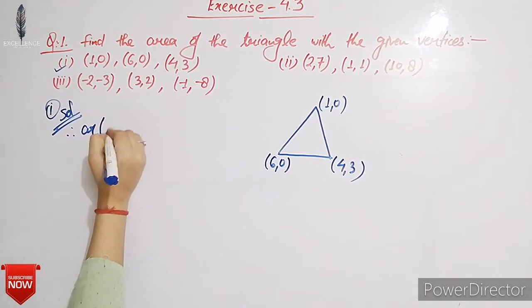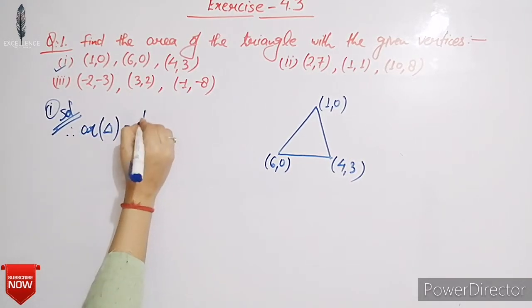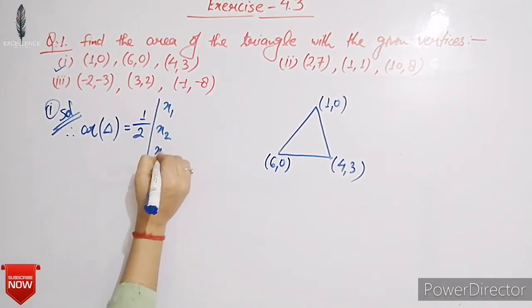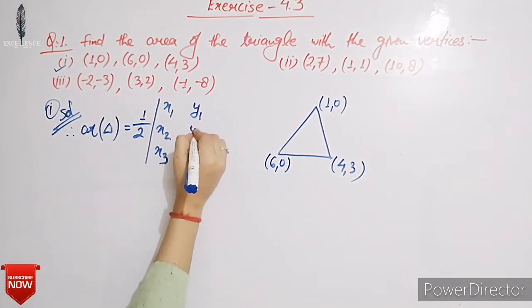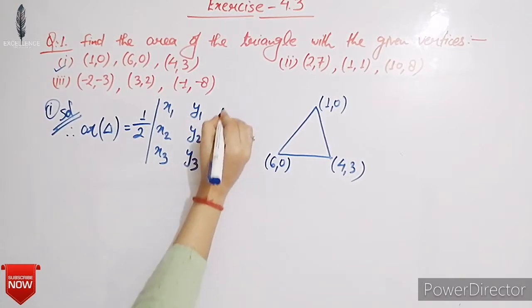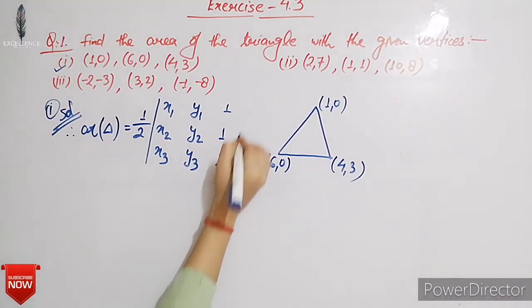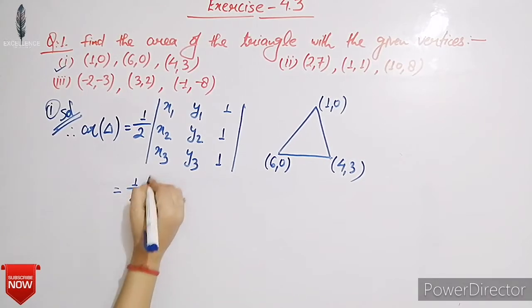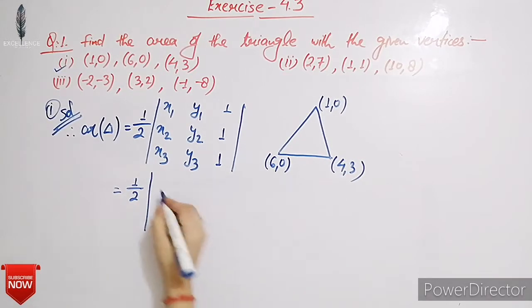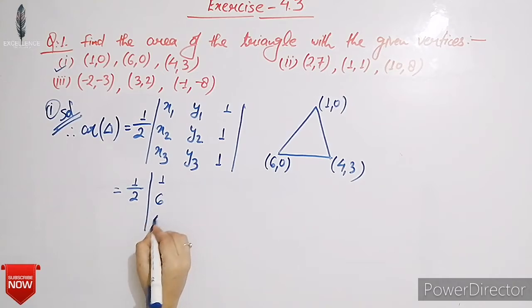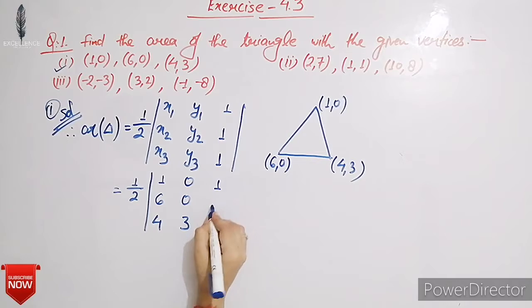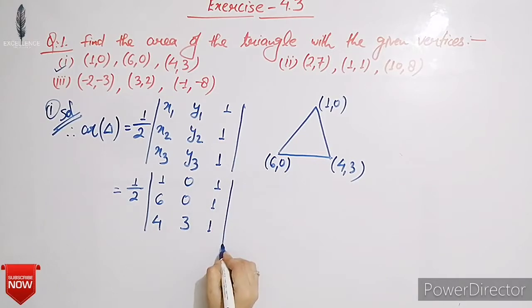We know that area of the triangle is equals to 1 upon 2 determinant x1, x2, x3, y1, y2, y3 and C3 is 1, 1, 1. Now put the values, then we get area of the required triangle is 1 by 2, here 1, 6, 4, 0, 0, 3 and here 1, 1, 1.